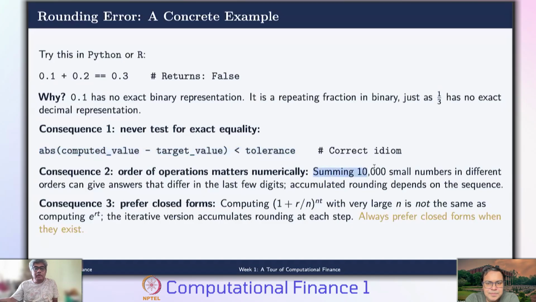For example, if you are trying to sum a lot of small numbers in different orders, it can give you answers that differ in the last few digits, maybe the fifth or sixth digit.